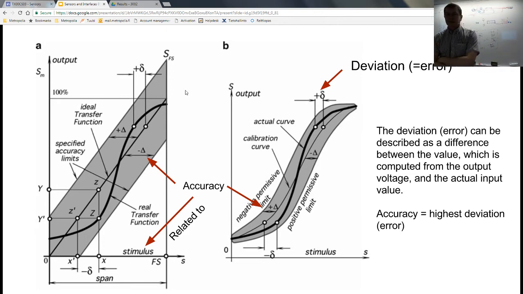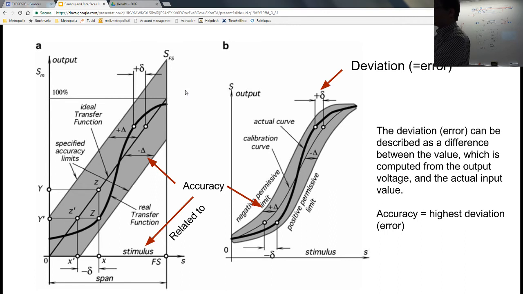Okay, more pictures. The deviation, or earlier it was thought of as an error. The deviation is, especially on the calibration, almost the difference between the true value and this estimate value.